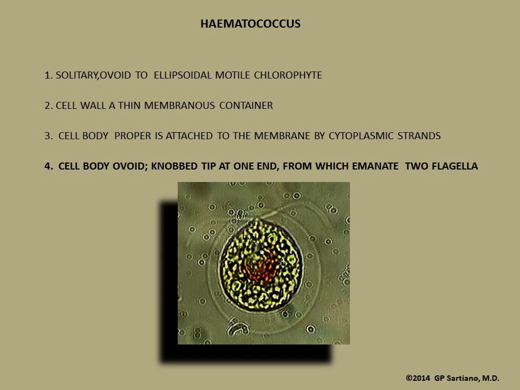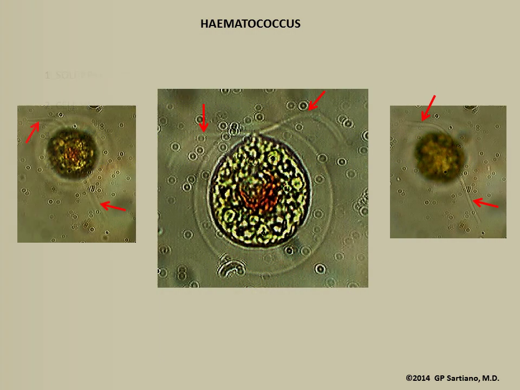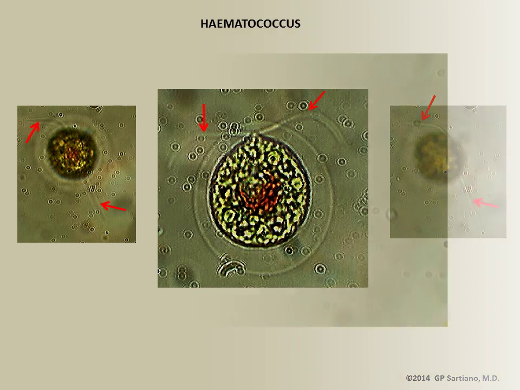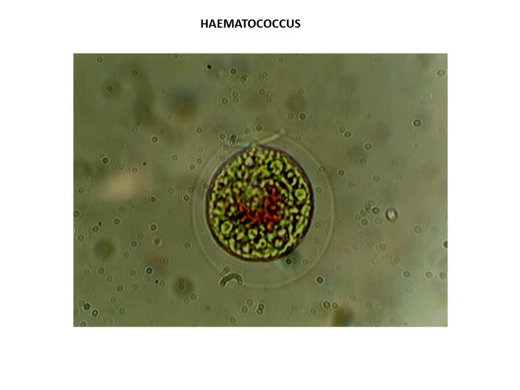The cell body is ovoid in outline, but it has a knobbed tip at one end from which emanate two long flagella. The flagella are seen here, constrained by cover slip pressure.